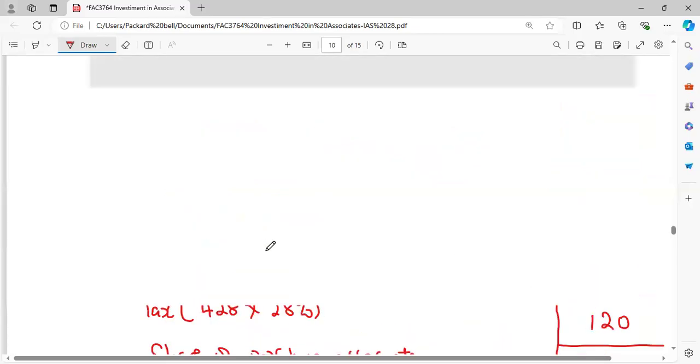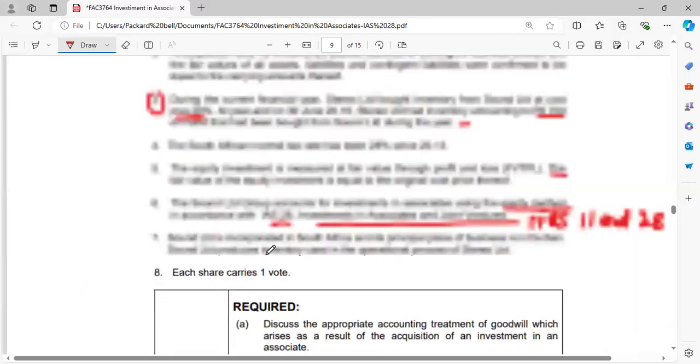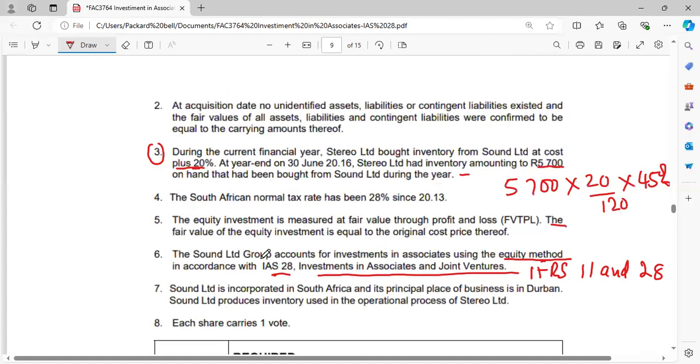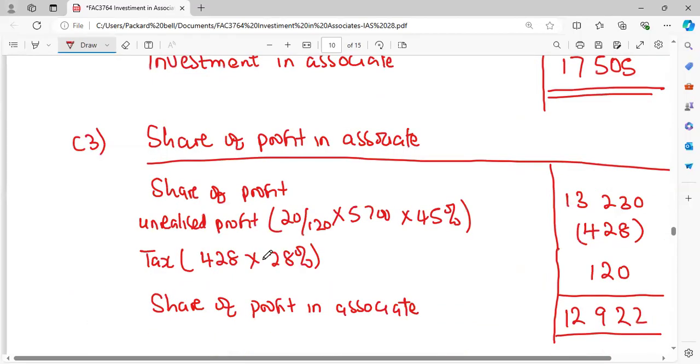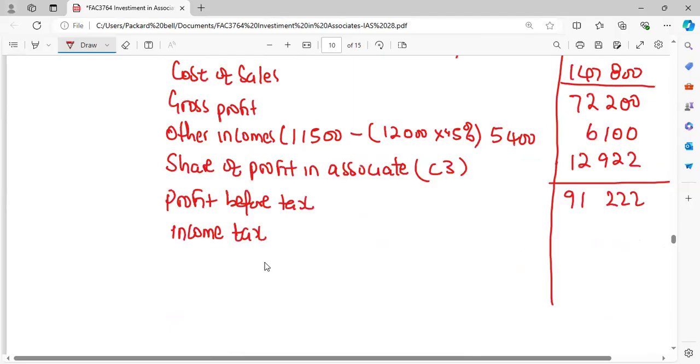You just take the tax for the investor, which is going to be 20,600.